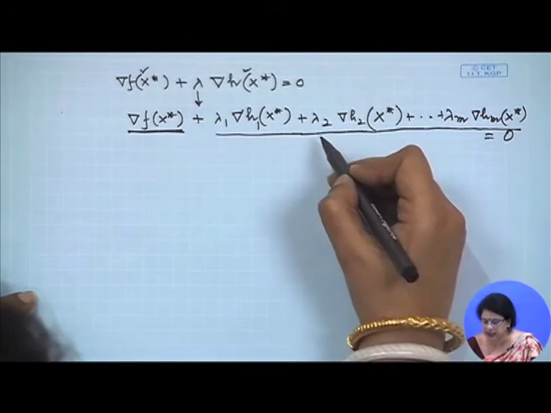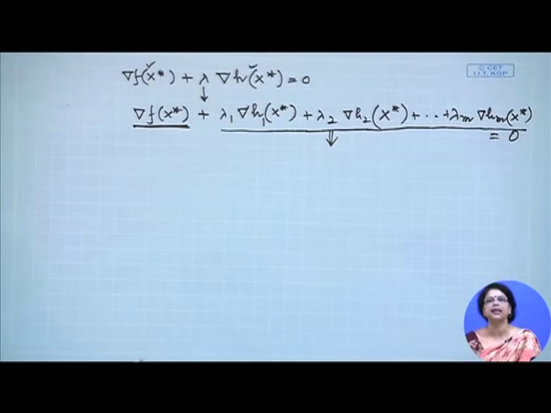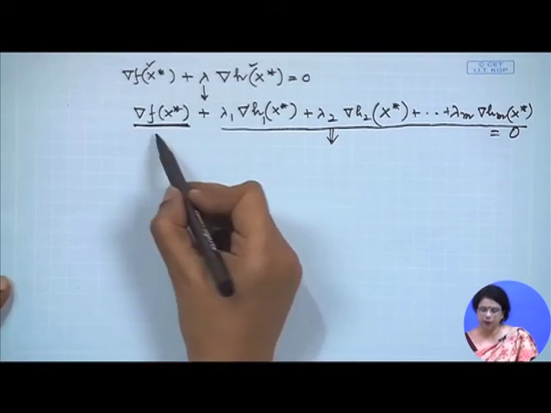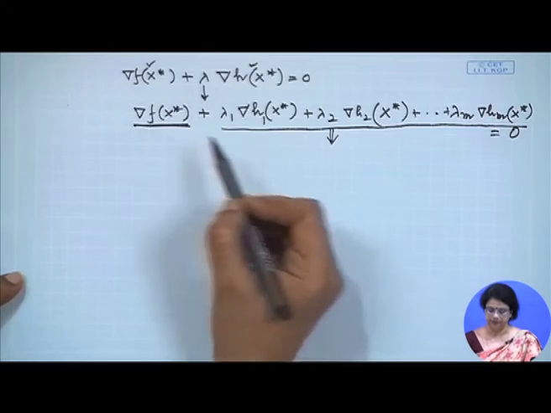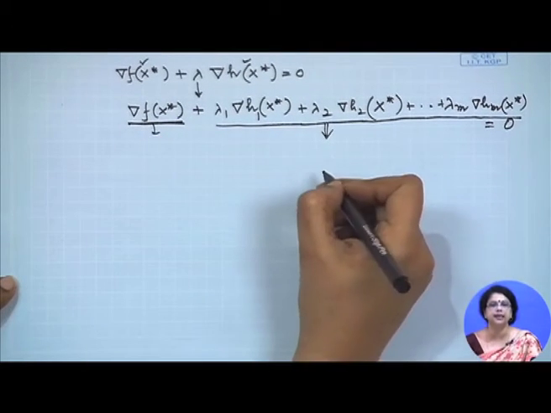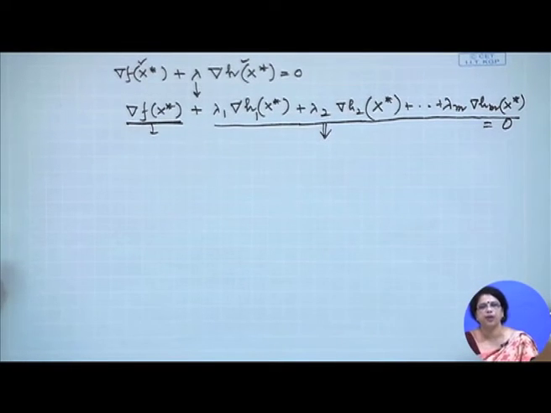What is the meaning graphically? With a single constraint, we can say both gradients are parallel. But if we have more constraints, what is the meaning of the gradient of the function being a linear combination of the gradients of the constraints? All this we need to understand one by one. For explaining these things, I am considering a few examples.